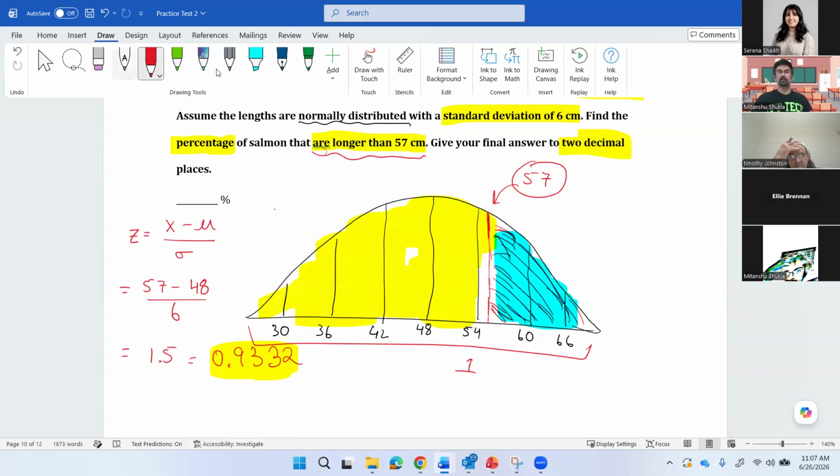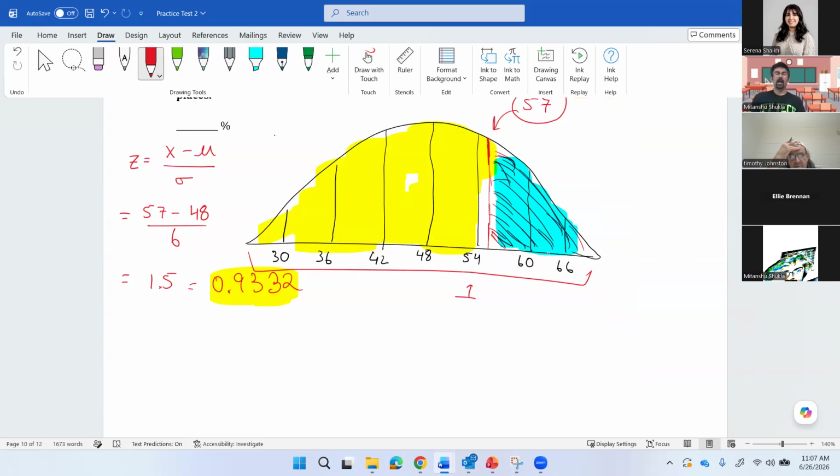So if I want that blue area, I can do 1 minus the yellow area to find the blue area.